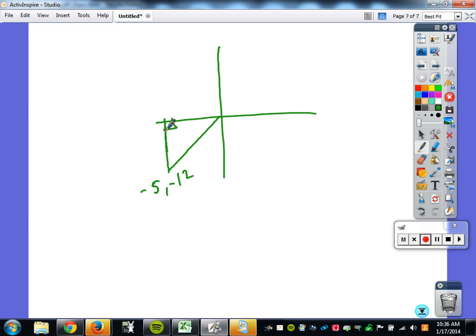What does this side become? This would be negative 5, because that's your x value, right? What would this be? Negative 12. If you did Pythagorean theorem, this guy comes out to be 13. This is always going to be positive, just to let you know.